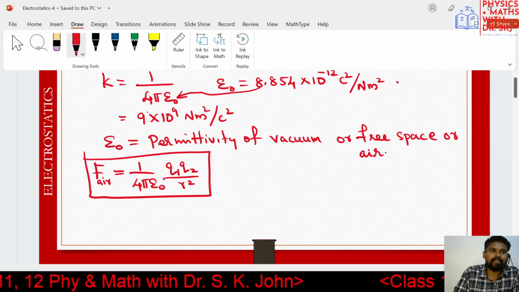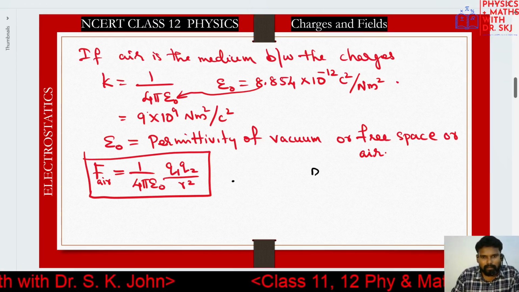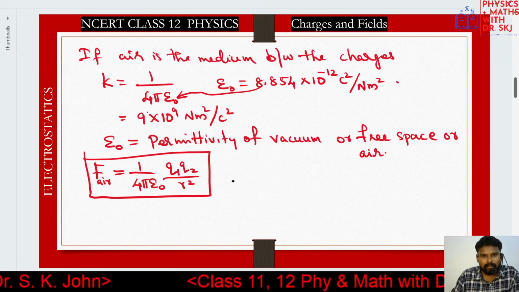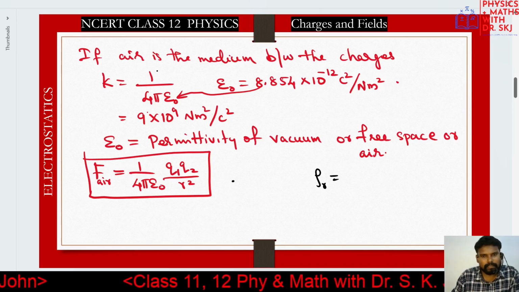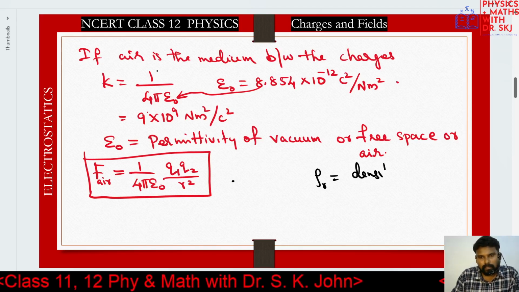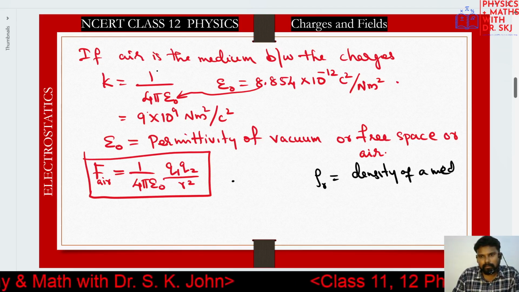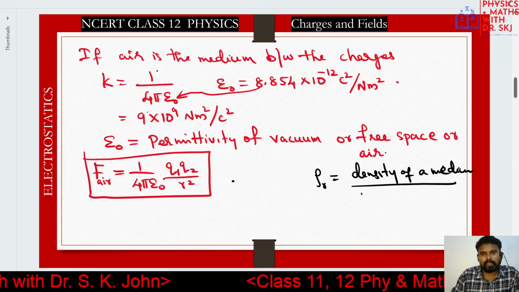You have studied relative density. Do you remember what relative density is? I will write it as rho r. Relative density is equal to the density of a medium divided by the density of water.